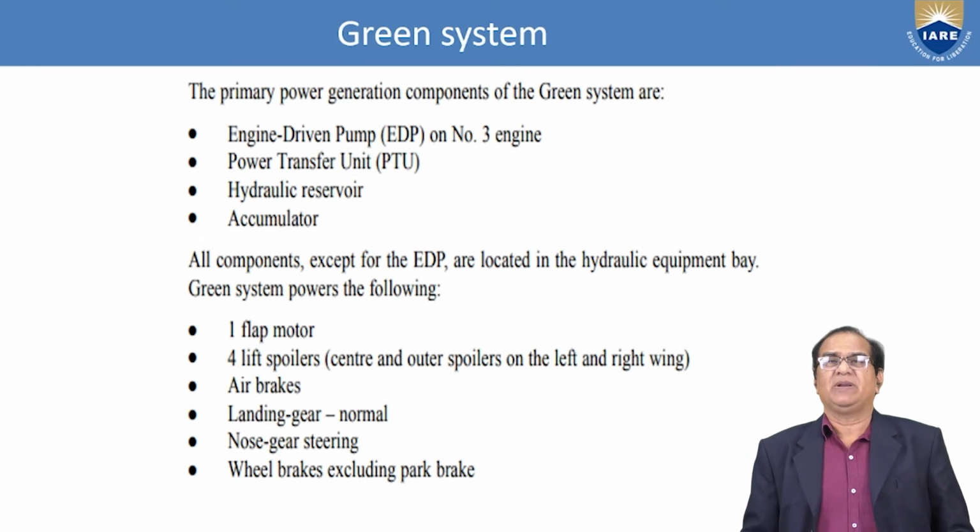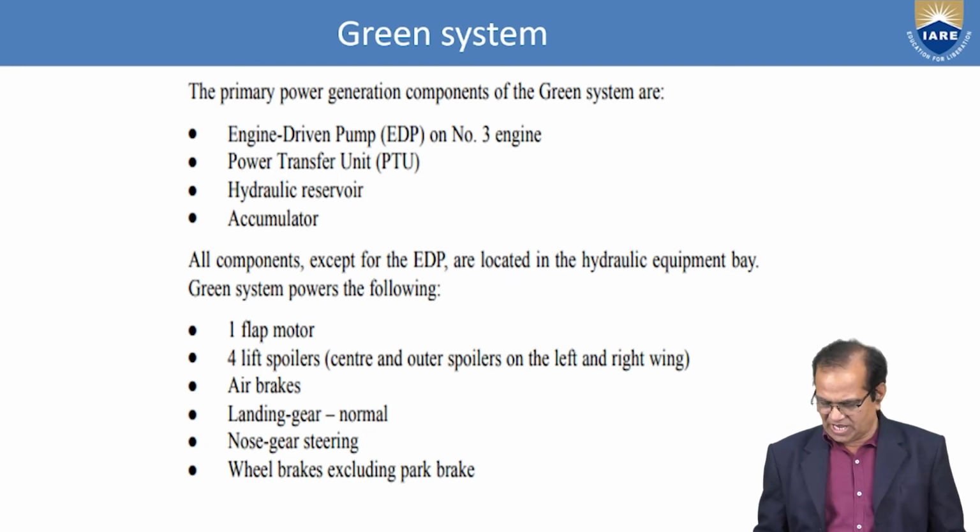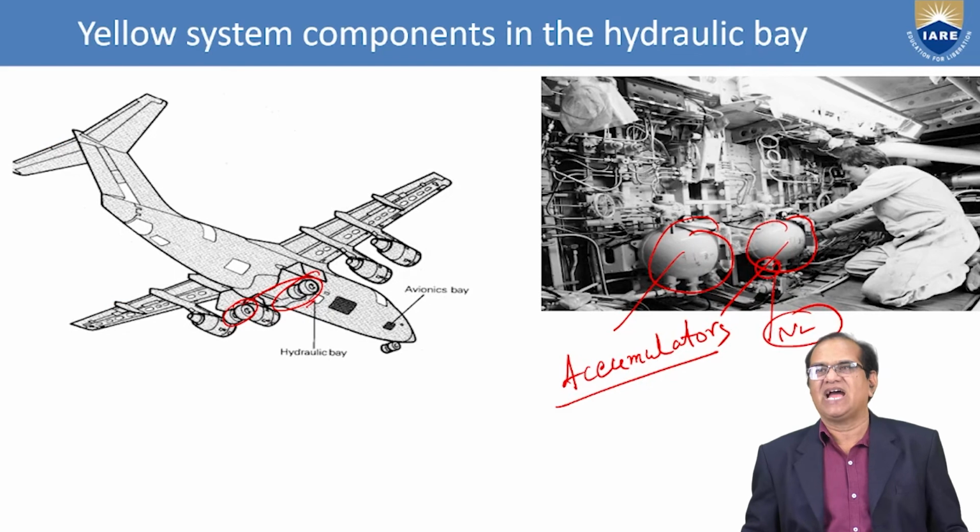All components except for the engine driven pump are located in the hydraulic equipment bay. I have shown the hydraulic equipment bay. This is the hydraulic equipment bay. Other than the engine driven pump, every item is fitted in the hydraulic equipment bay.